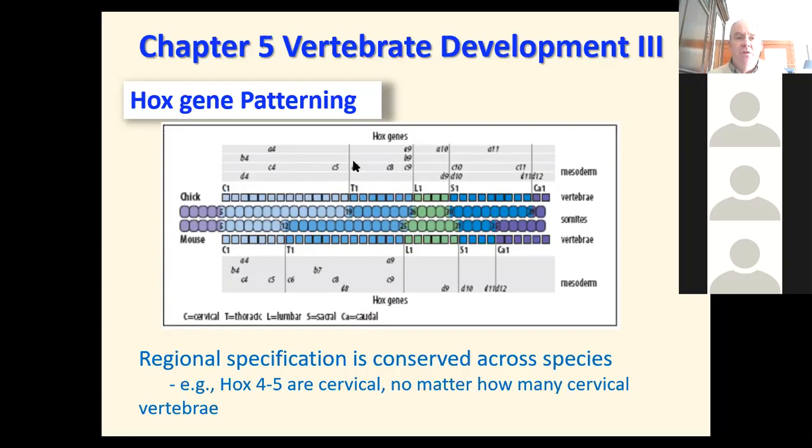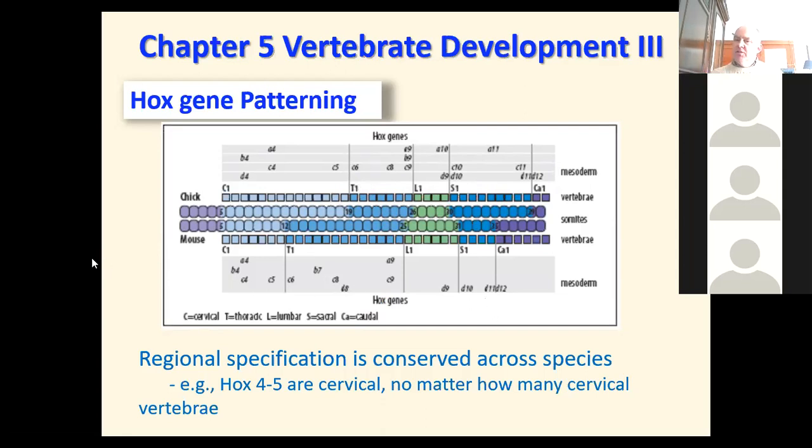Now, when you get into the thorax, the chicken's got a shorter thorax than the mouse. So we've got more somites in the mouse and fewer in the chick, but it's the same Hox genes being turned on in the same relative positions as you go down. And the same thing with this, and then the tail section as well, okay?